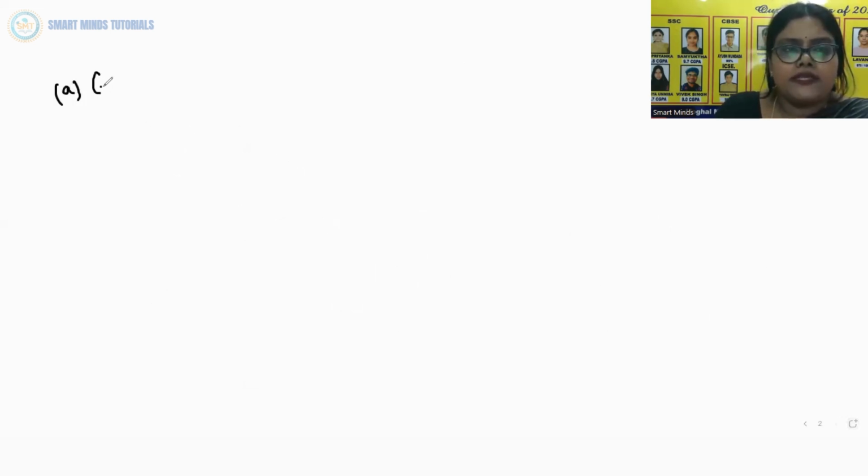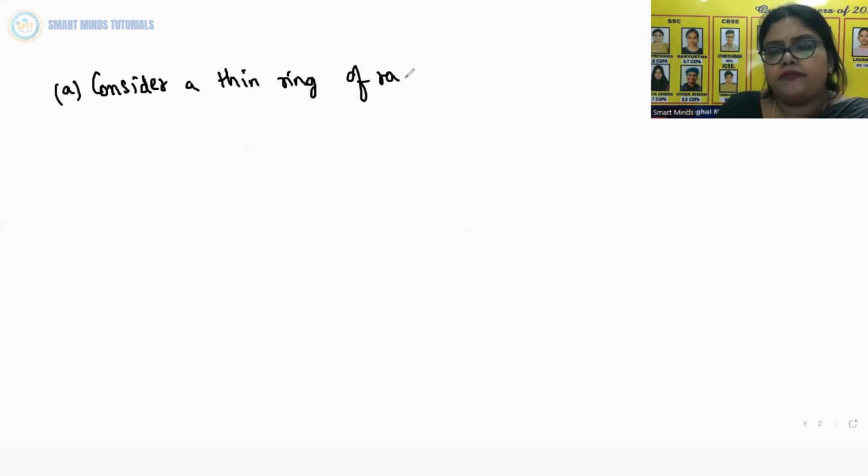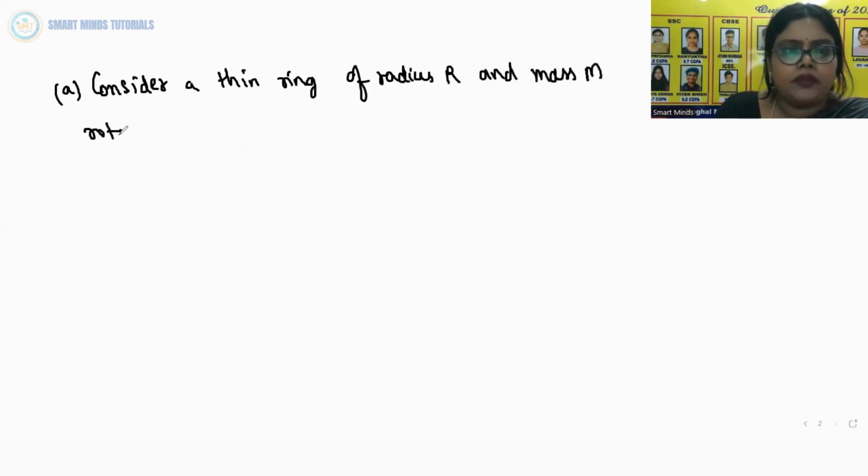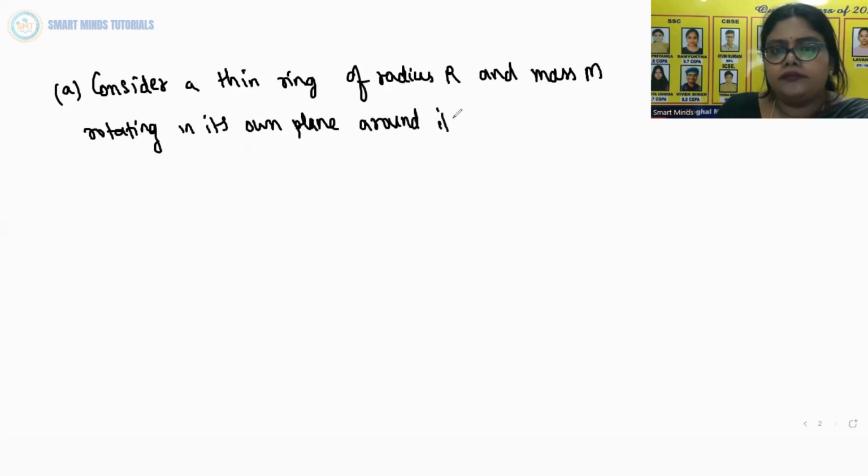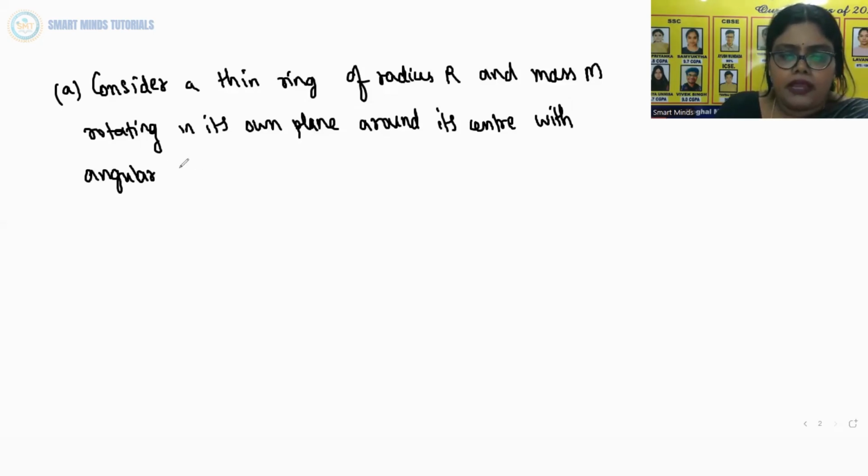The first case is, consider a thin ring of radius capital R and mass capital M, rotating in its own plane around its center with angular velocity omega.